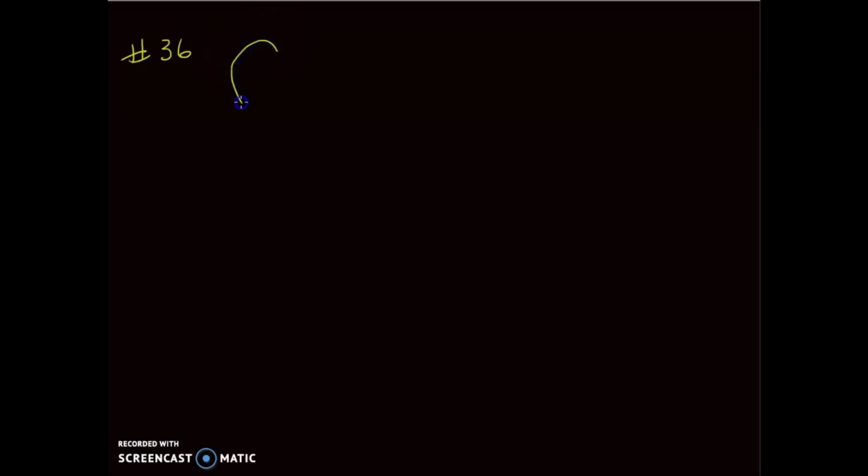So let me just draw a tire of radius 14 inches. Part A: find the number of rotations of a tire in 1 hour if it's driven at 55.